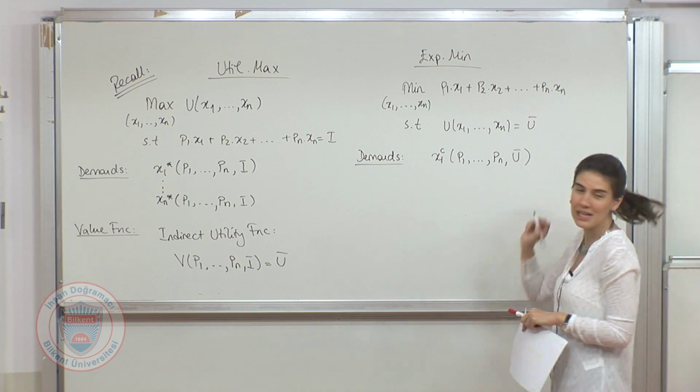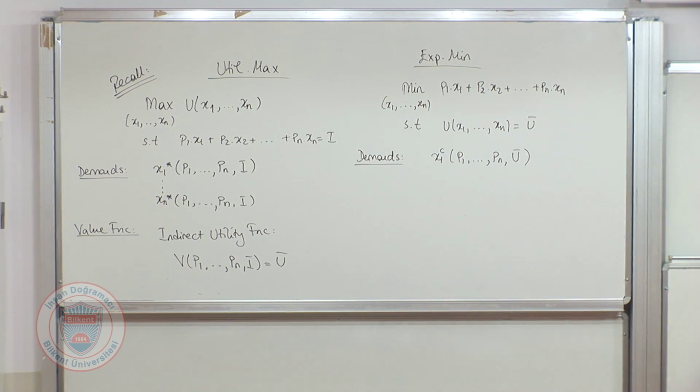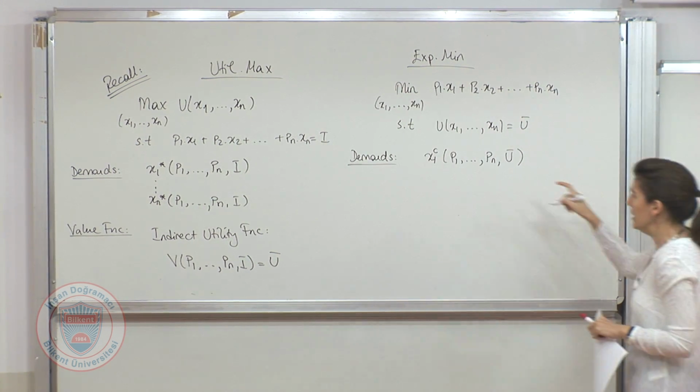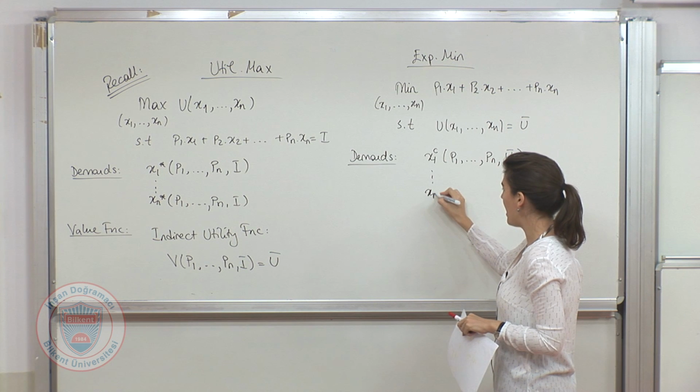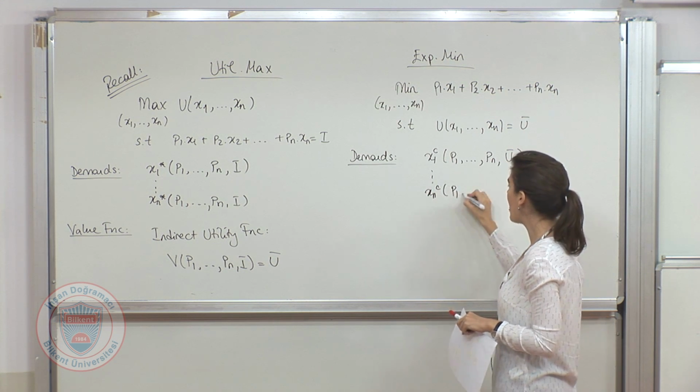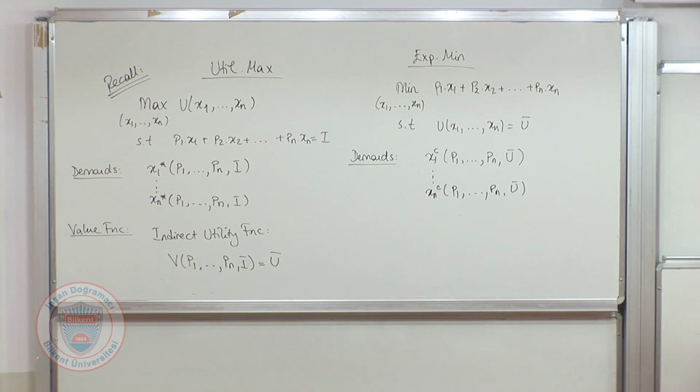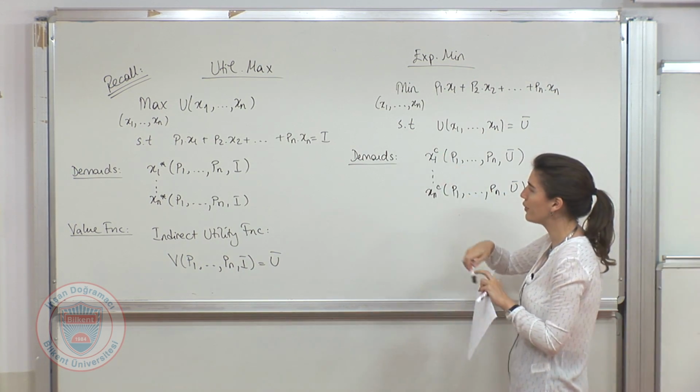As I keep saying, this is going to be pretty important. The reason we put a C here is that we call them compensated demand functions, or Hicksian demands.